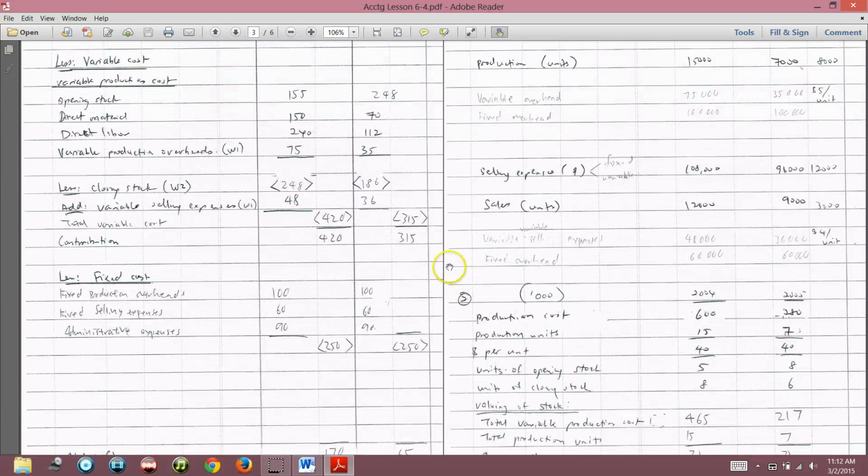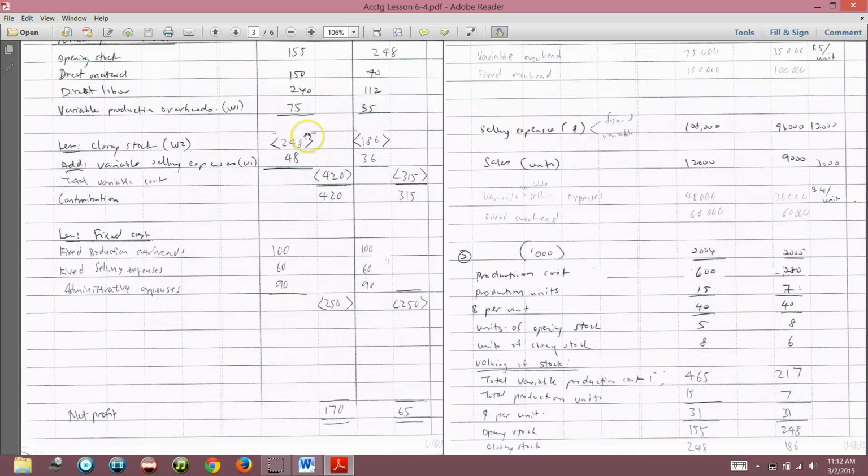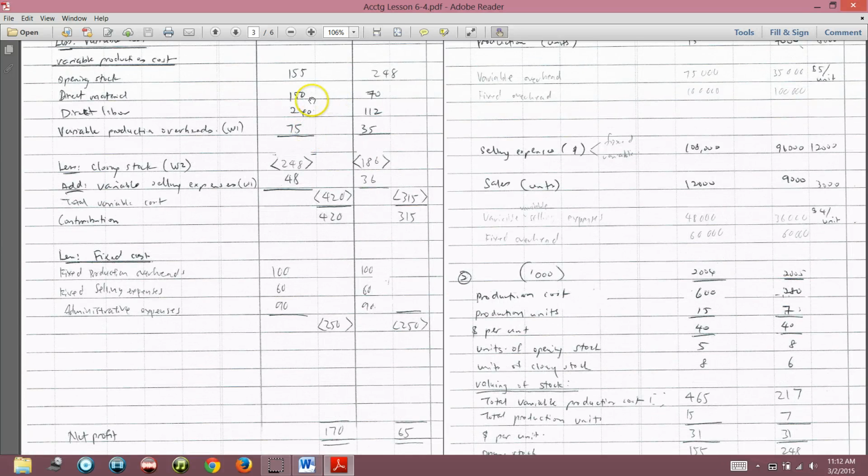So what is the variable production cost? For 2004 you take the direct material, add direct labor, add variable production overhead. Take your calculator, 150 plus 240 plus 75, you get 465.